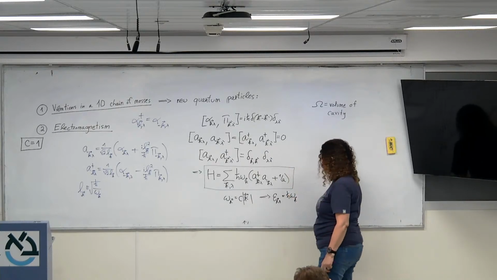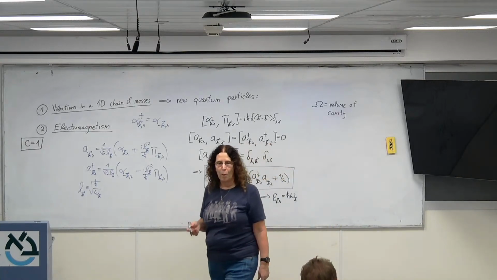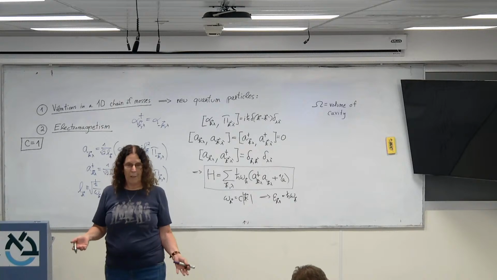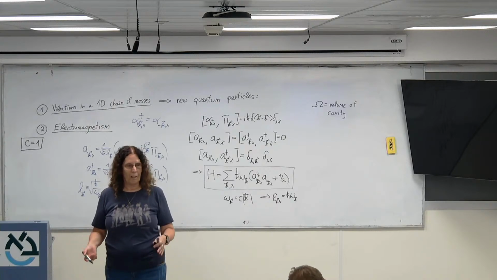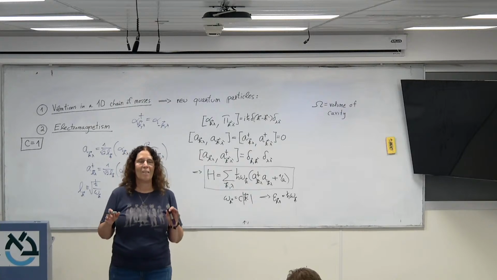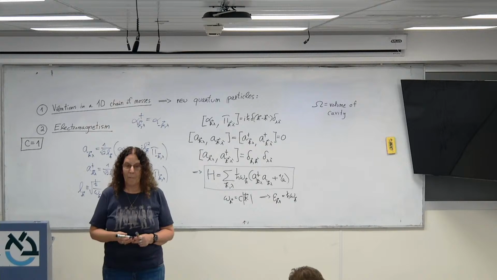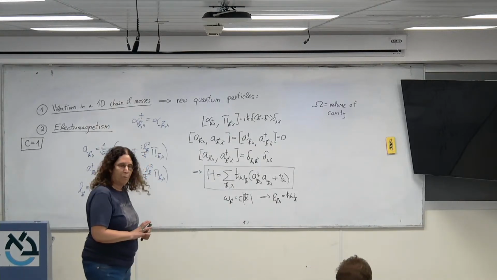And if we plot energy versus momentum, where momentum is h bar k, once again we get relativistic particles of rest mass 0, which is a photon, as you know. So this is how we get the photons.